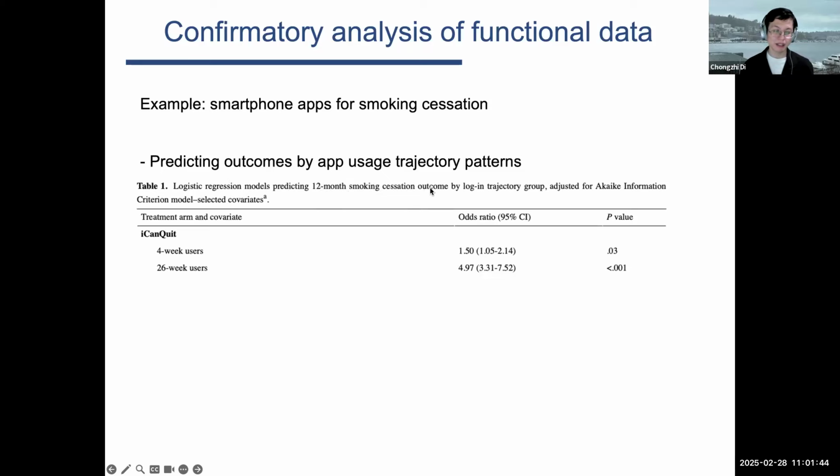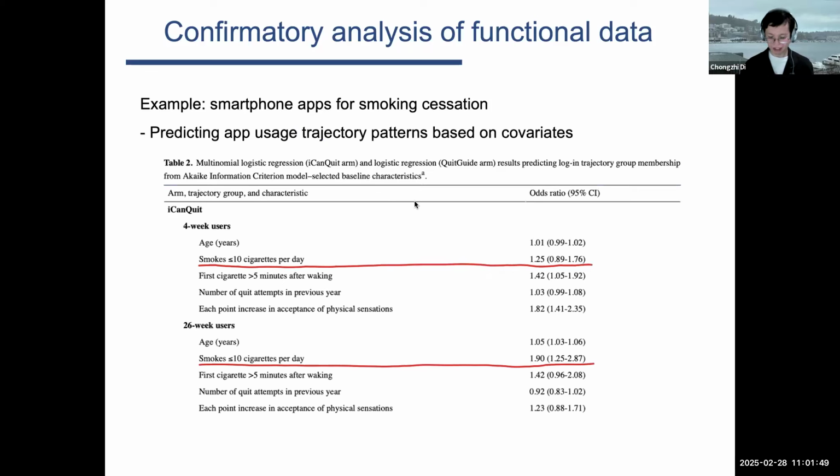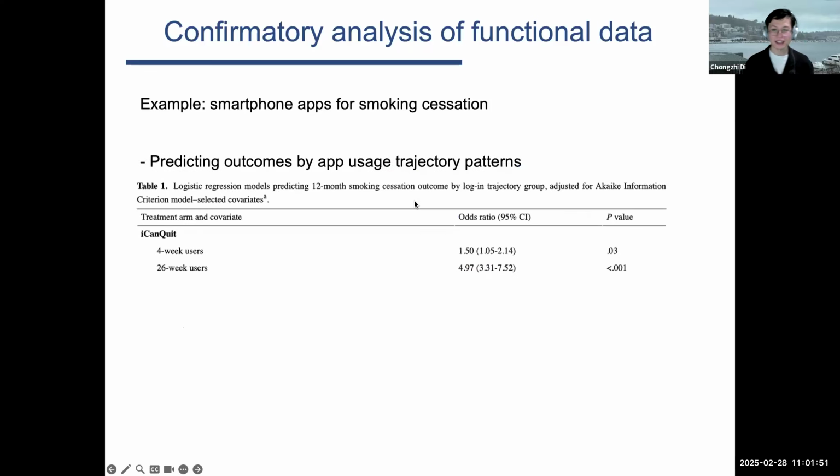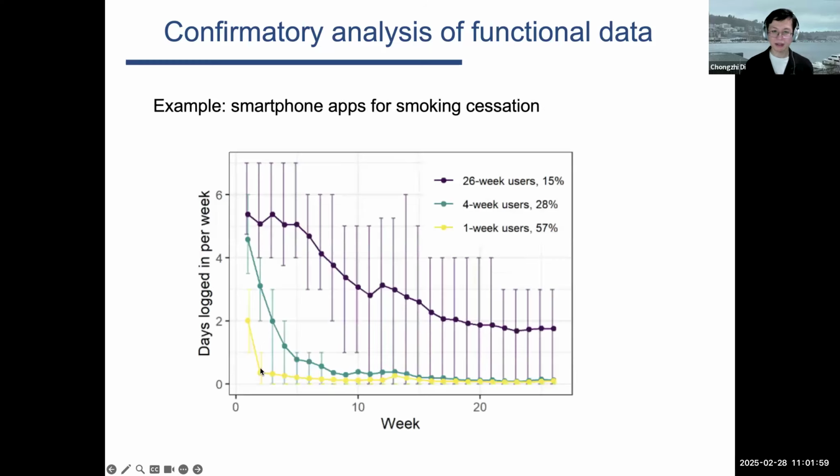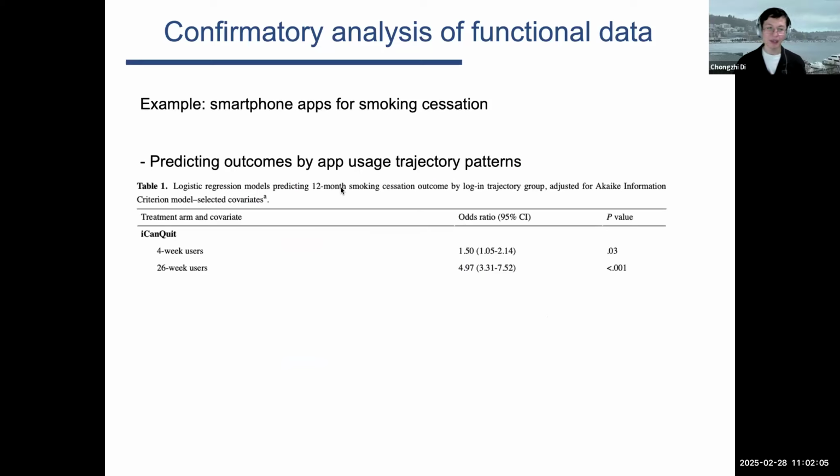So we run logistic regression of this outcome versus the clusters of the smartphone usage patterns. Remember we have the 1 week users, 4 week users, and 26-week users as the 3 group labels. We use the 1 week users as a reference.